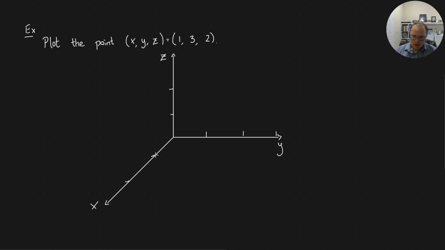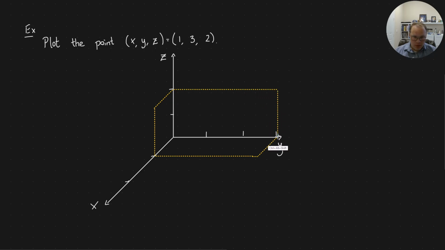So 1 is right here on the x-axis, 3 on the y, 2 on the z, and I just want to get the point where those three meet up. Okay? Sometimes it's helpful to draw little dotted lines. It's a little more difficult to draw these in 3 dimensions than it is in 2, because again, we are projecting 3-dimensional space onto a 2D surface, whereas when we were drawing with just 2 dimensions, our paper is a 2D surface, right?